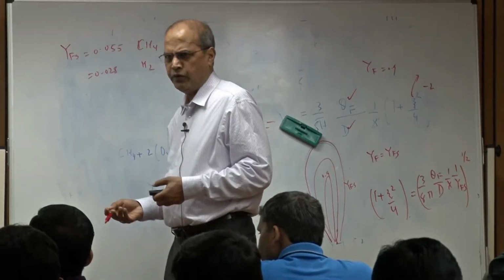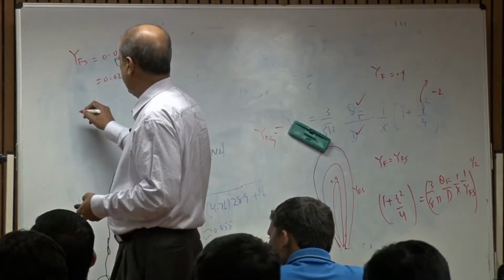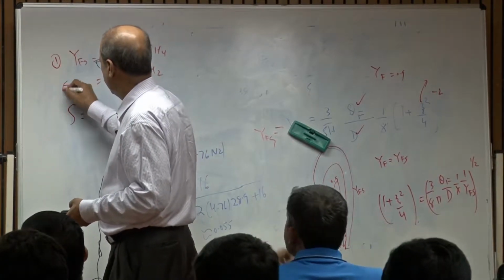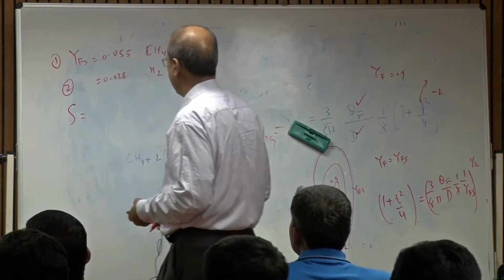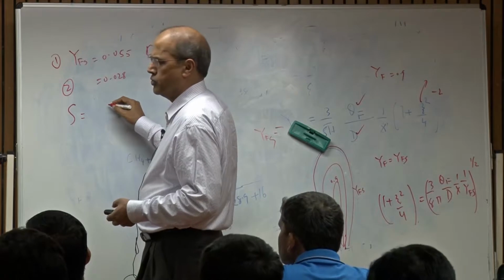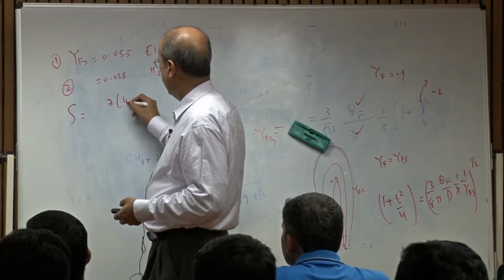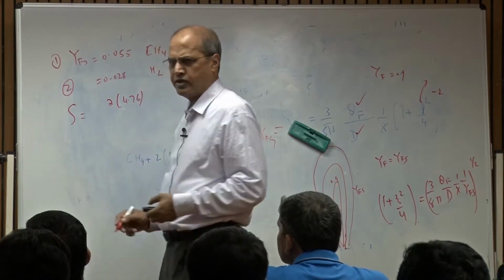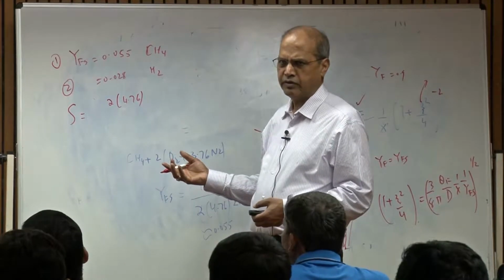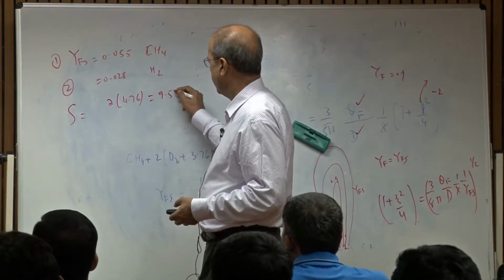So the air-fuel ratio by mole, by volume. S now corresponds to these two cases. For the methane case, what is this ratio? Moles of air: 2 times 4.76. And moles of fuel is 1. So this value is 9.52.